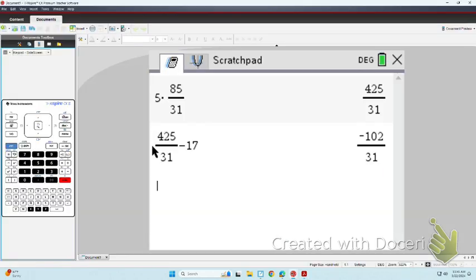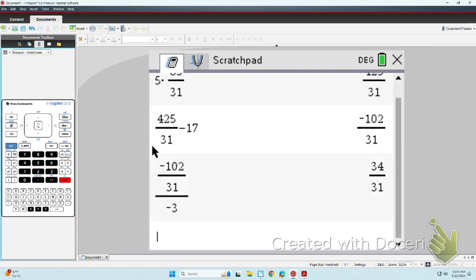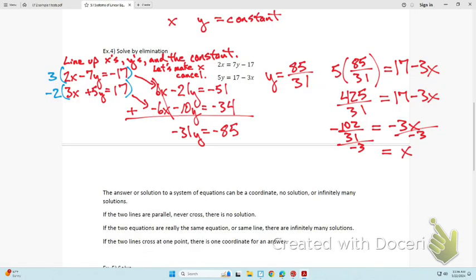And x is 34 over 31. All right, very ugly numbers, but we lived.